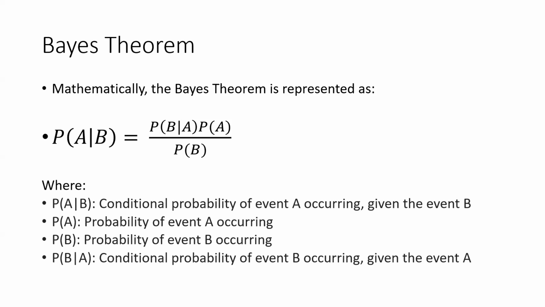Then P(A) is the probability of the event A occurring, and that of B is the probability of B occurring. The last one is the conditional probability of B occurring, given that we know A. So what Bayes' theorem does is that it starts from a condition that is known, then it moves to the unknown.